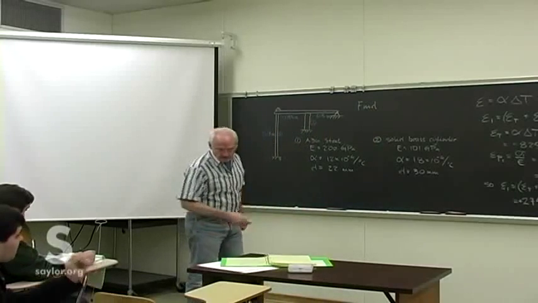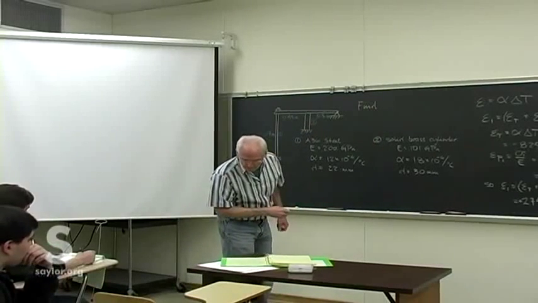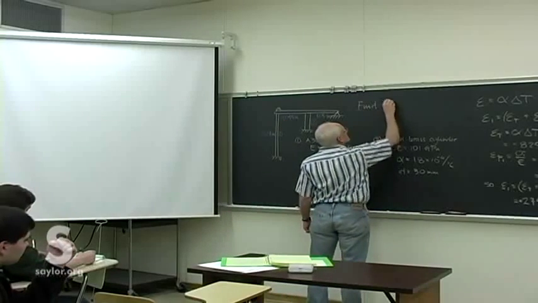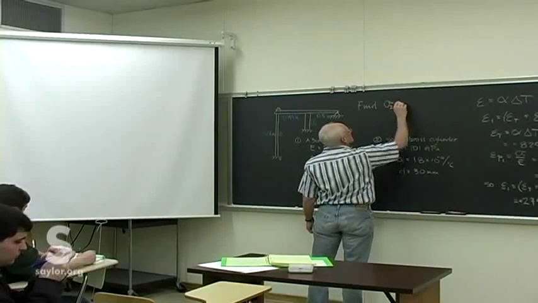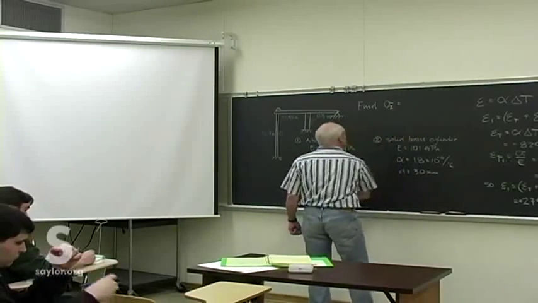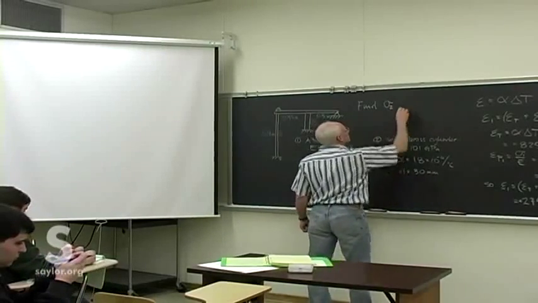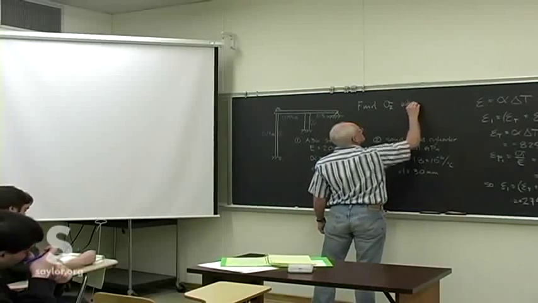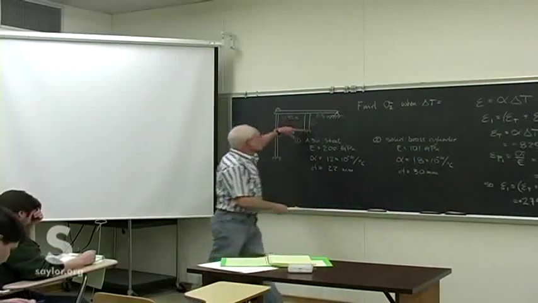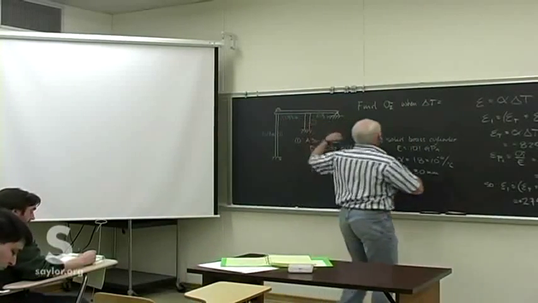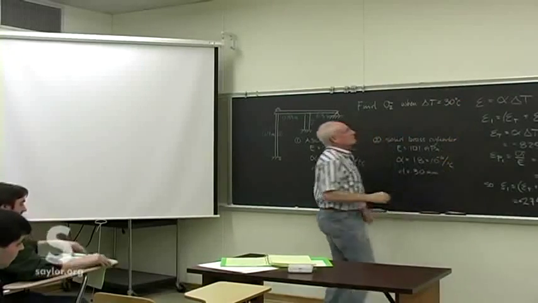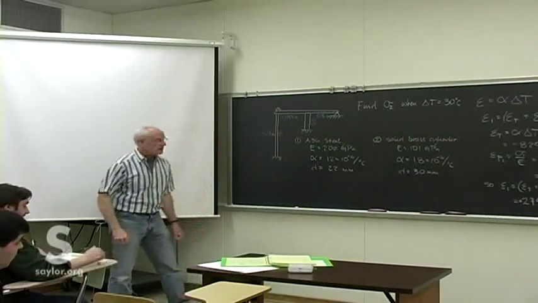So we want to find the stresses in the brass. When the change in temperature, put them together at 20 degrees, we expect that to get to 50 degrees, so that'll be a plus 30 degree change in temperature.